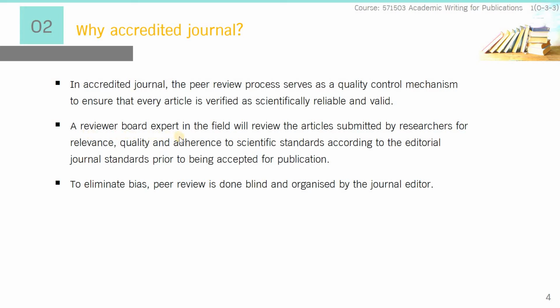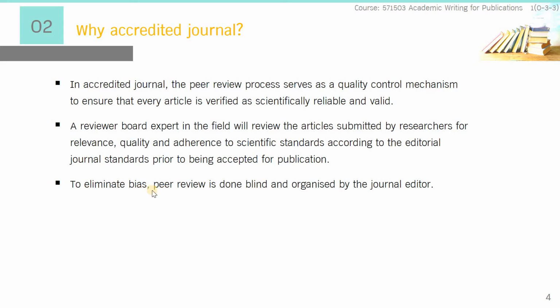A reviewer board of experts in the field will review the article submitted by researchers for relevance, quality, and adherence to scientific standards according to editorial journal standards prior to being accepted for publication. You can see that the editorial board is very important. All journals have to have an editorial board, and this is to eliminate the bias that might have occurred.